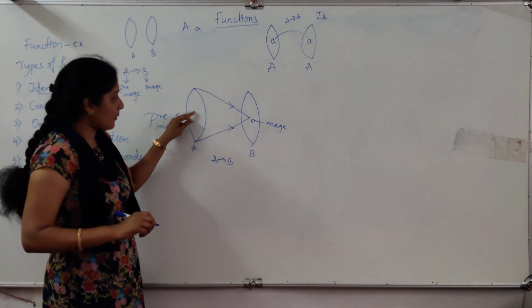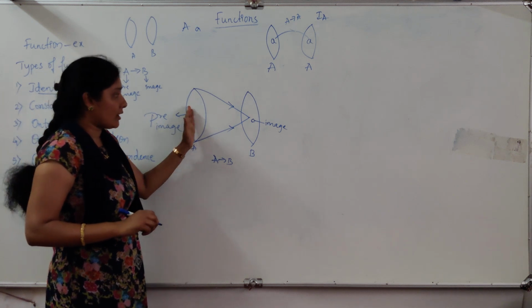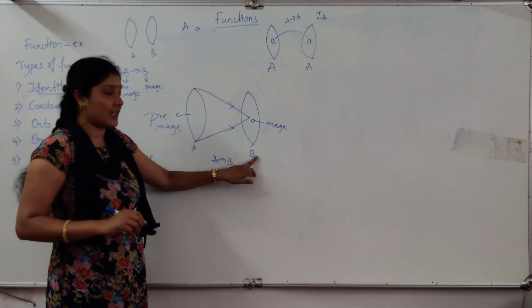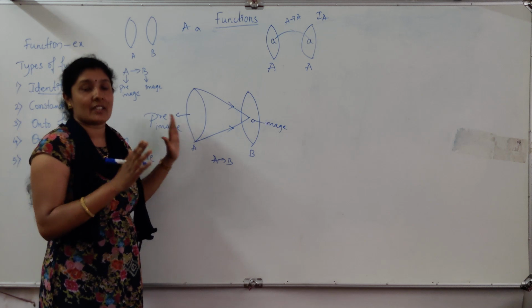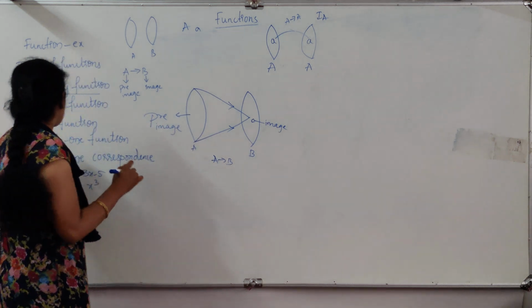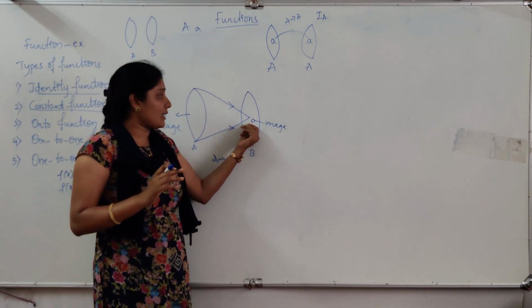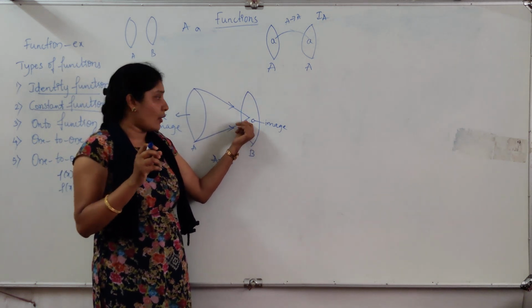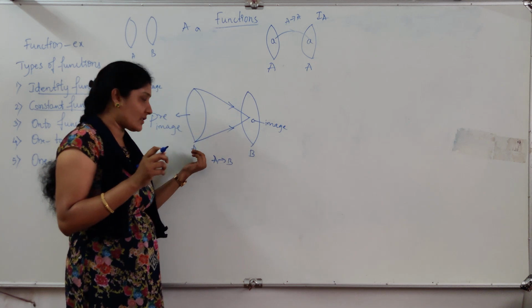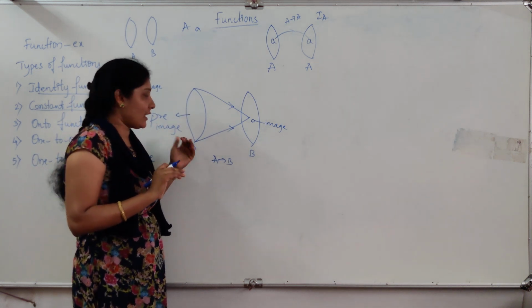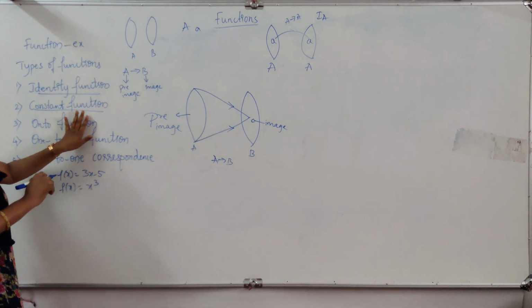When all the elements of A have only one image in B, it is called a constant function. Remember, there is only one image for all the pre-images in set A. So this is the meaning of constant function.